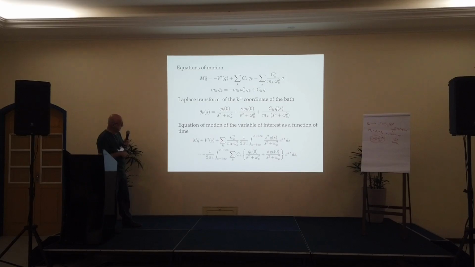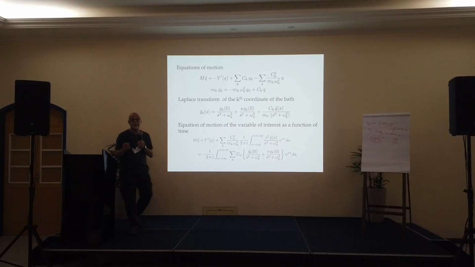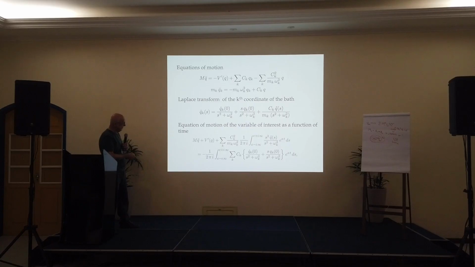You know, it's this inertia term, the force, and now this term here that comes from this part of the environment. So it's a sort of a feedback of the particle on itself, right? And through the environment. And these guys here, they depend on the initial condition of the harmonic oscillators, as we can see here from this second equation.